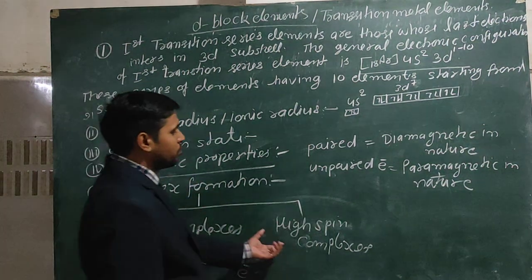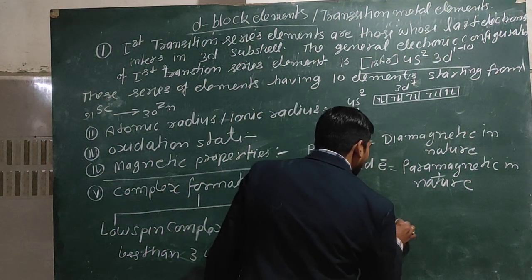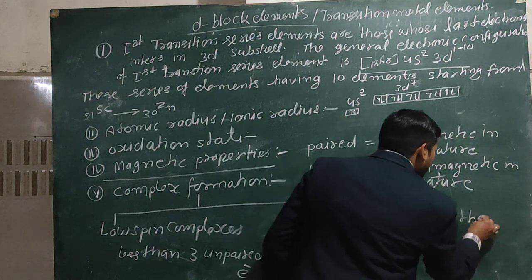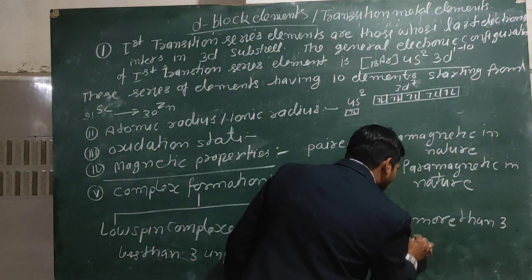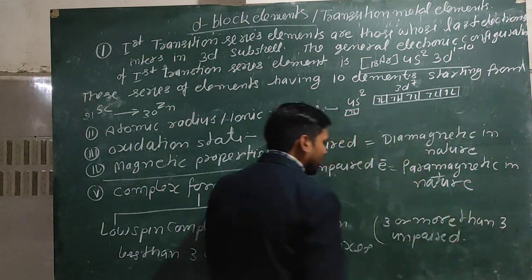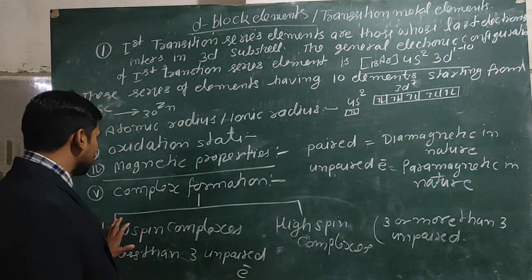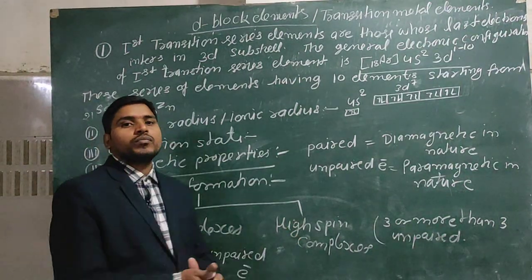High spin complexes are those which have 3 or more than 3 unpaired electrons. If any transition metal element has more than 3 unpaired electrons, then it is known as a high spin complex.